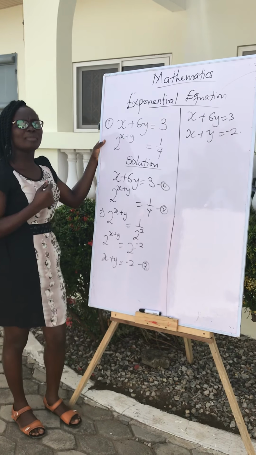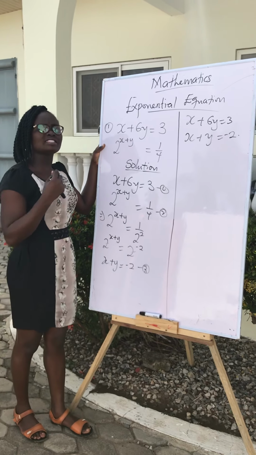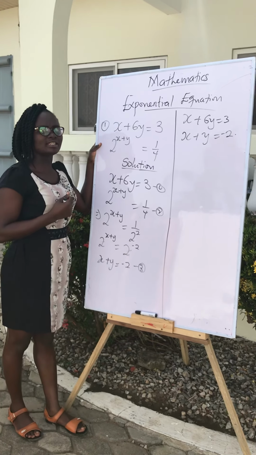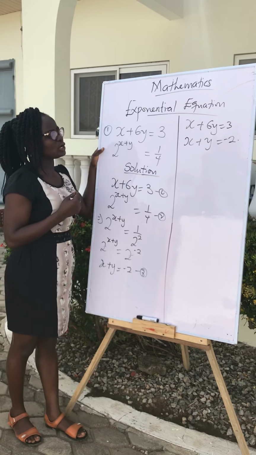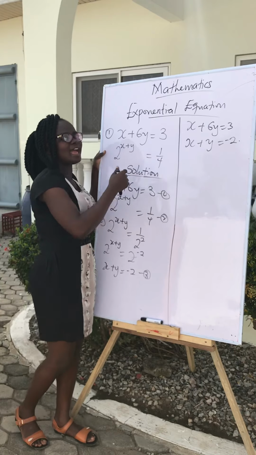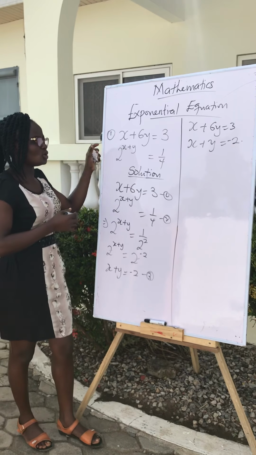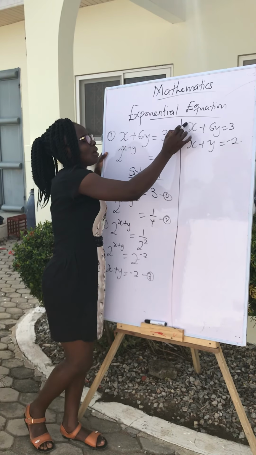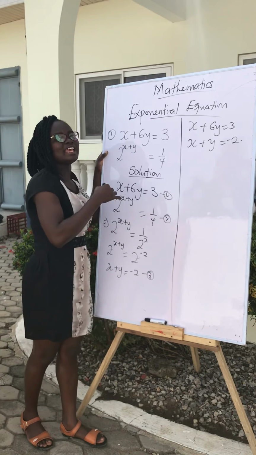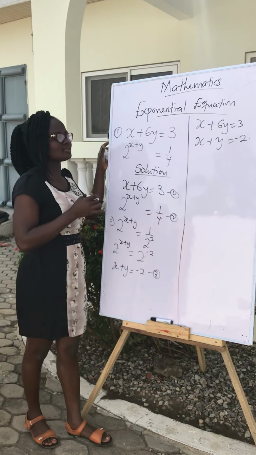We have two methods. We can use the substitution method or the elimination method. Looking at our equation, I prefer we eliminate the x variable. Because the coefficient here is 1 and this one too is 1, you can easily eliminate the x.